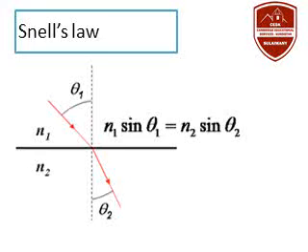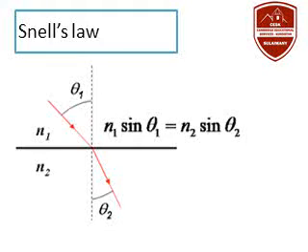Okay, in Snell's law we deal with four factors: n1, theta 1, n2, theta 2. So if he asks about one factor, the other three factors should be given.